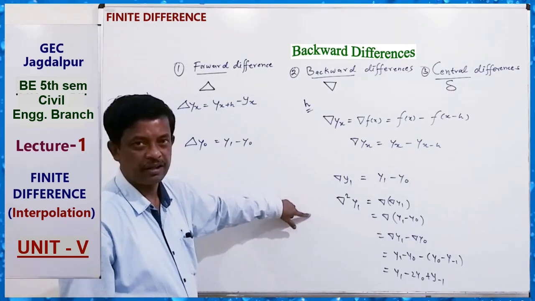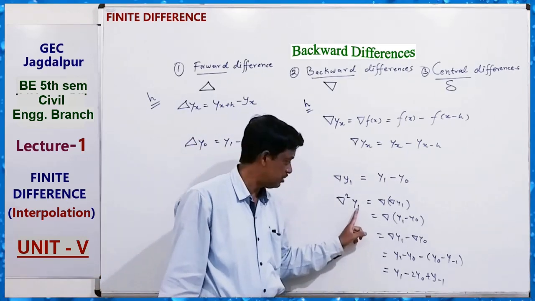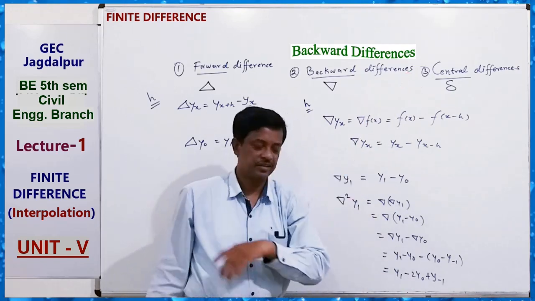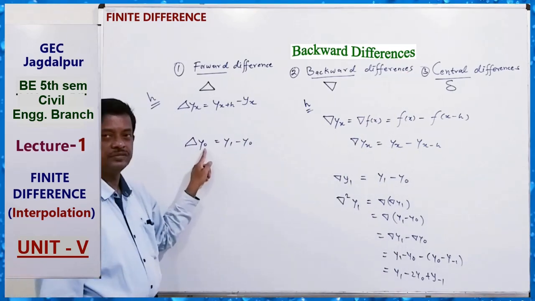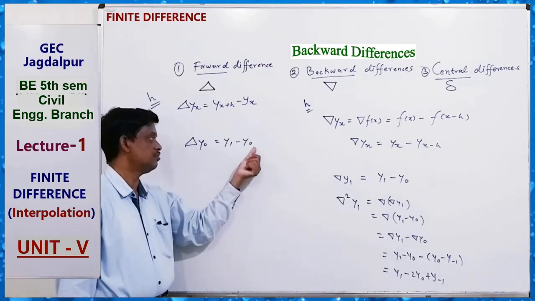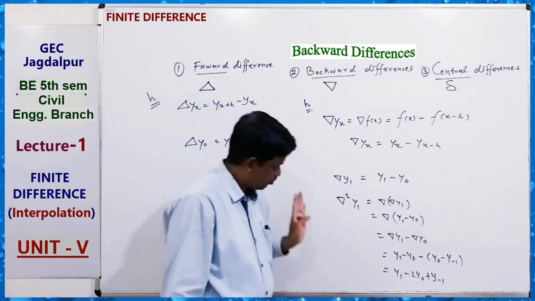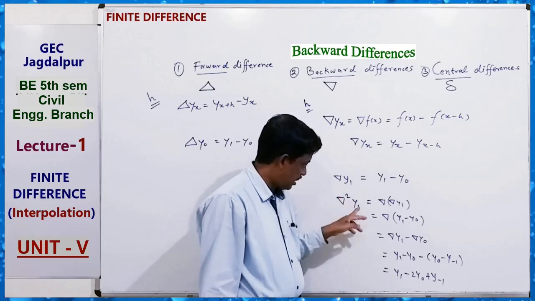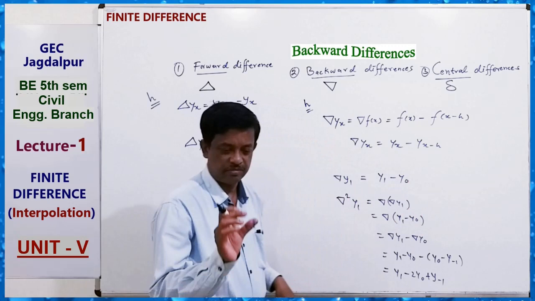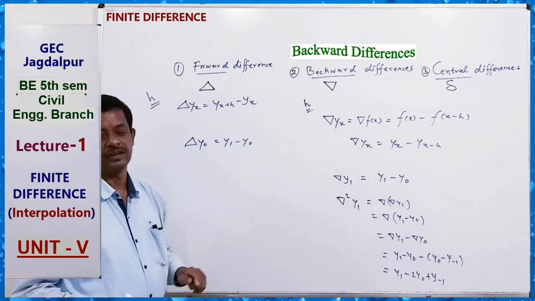So here the index, the suffix, is the main thing. For y1 we start from 1 and keep decreasing, while in the forward case we start from 0 and go 0, 1, 2, 3, 4 increasing. In the backward case we start from 1, then subtract, decreasing according to the number of intervals of differencing.